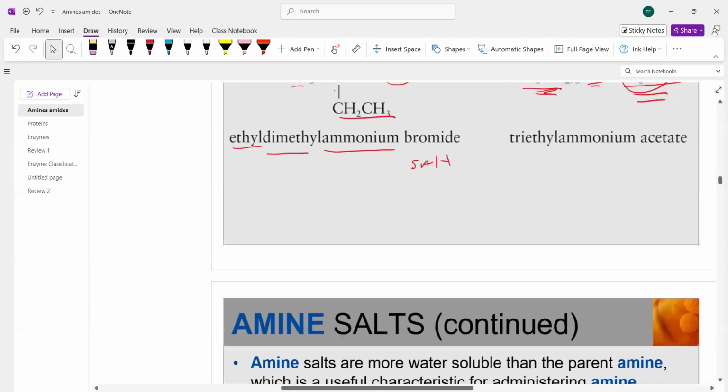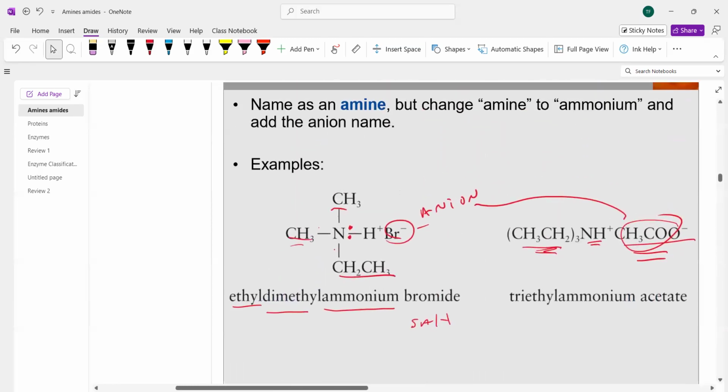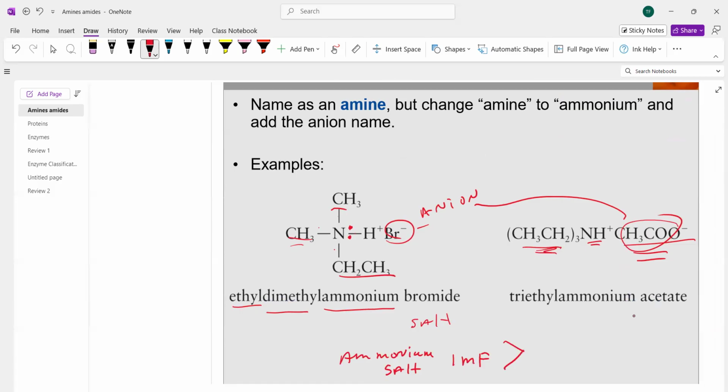Now, the ammonium salt IMF is greater than the original amine.